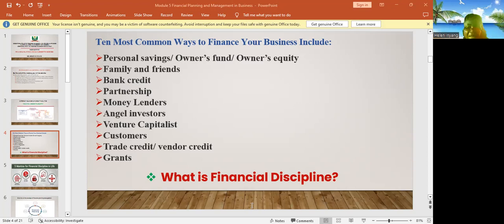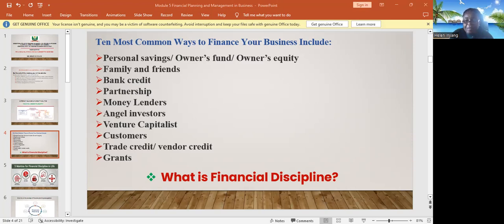Then another one is venture capitalists. When we talk about venture capitalists, these are a group of wealthy individuals, government-assisted sources, or major financial institutions who have a dedicated pool of capital and make it available for expansion of businesses with great profit potential.